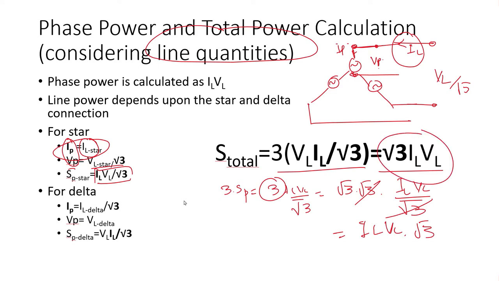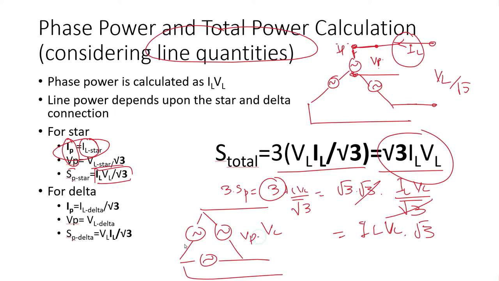For delta, if we consider a delta connected source, VL would be equal to Vp. So Vp and VL are the same, but IL would be reduced to IP as IL divided by under root 3. So phase current would be equal to the line current divided by under root 3.